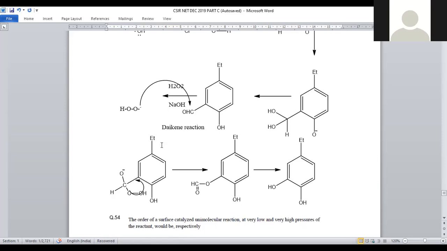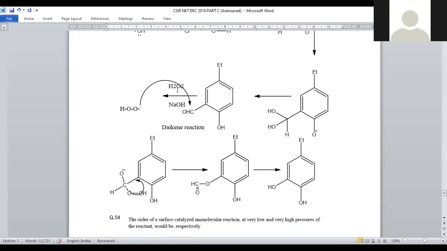Now, another named reaction is performed in the presence of hydrogen peroxide and sodium hydroxide. This is called the Dakin reaction. Whenever the Dakin reaction is performed, the hydroperoxide containing oxygen minus attaches to the carbonyl center, followed by insertion of oxygen between the carbon and the phenyl ring, and subsequent hydrolysis leads to OH.